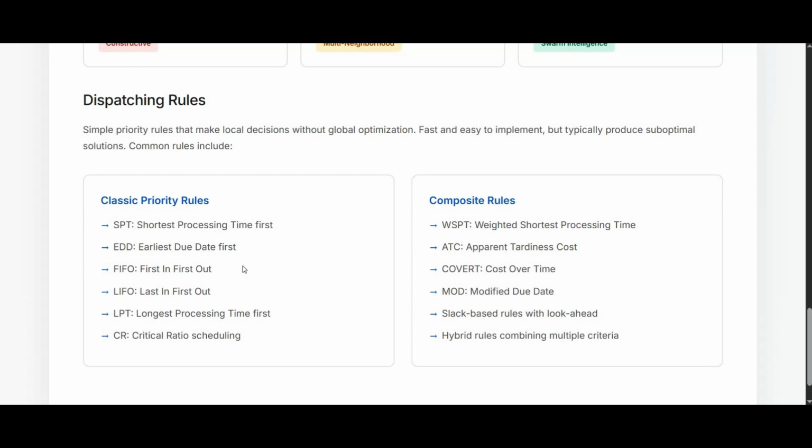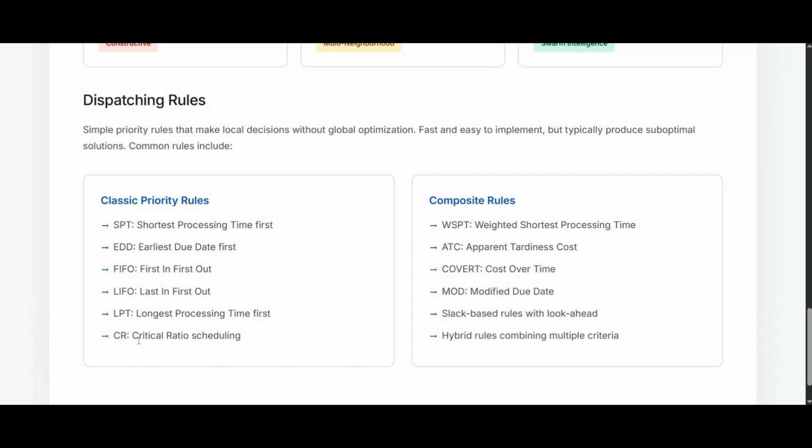EDD means earliest due date first, focusing on deadlines. FIFO and LIFO stand for first in, first out, and last in, first out respectively. LPT, longest processing time first, which can sometimes help balance the workload.